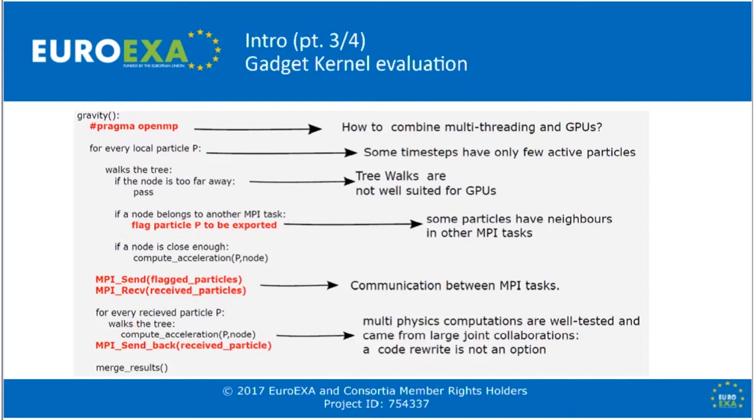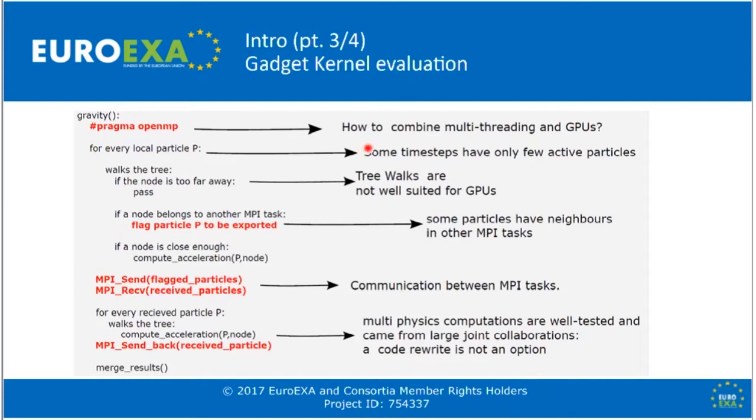So there are many problems that I tried to list here. So first of all, you don't want to lose optimization in a GPU porting. Then the code has a number of active particles that will vary because it has an adaptive time step. So sometimes you can have 10 active particles over a total of 10 to the 9 particles.